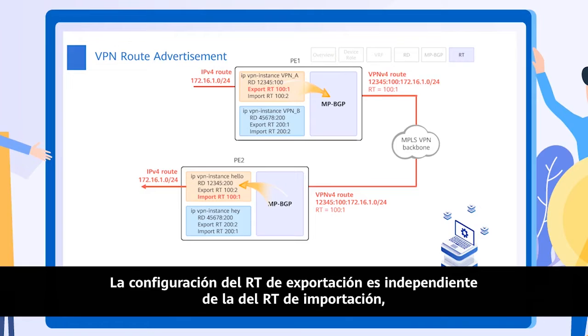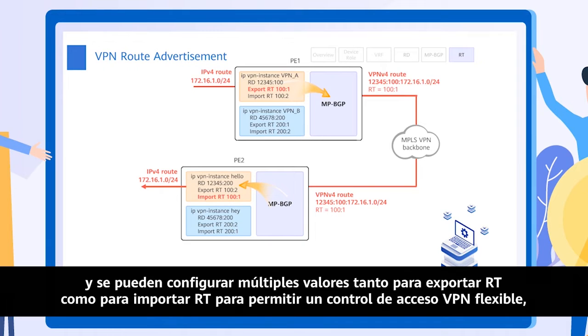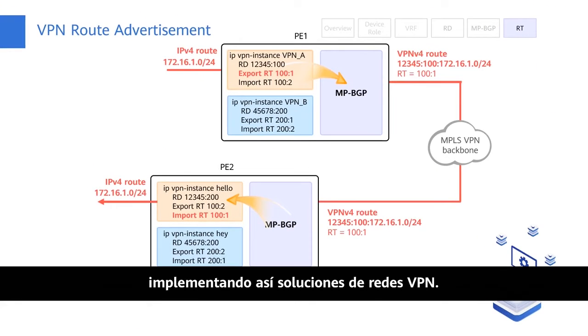The setting of the export RT is independent from that of the import RT, and multiple values can be set for both the export RT and import RT to enable flexible VPN access control, thereby implementing various VPN networking solutions.